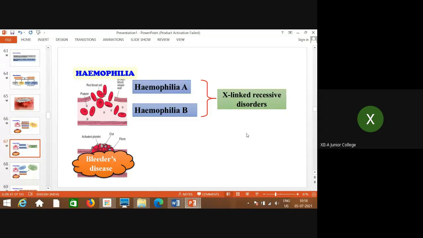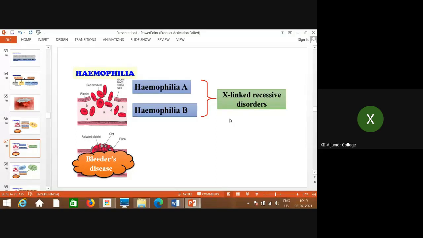Again, a similar type of example. Recessive means if this gene is in the recessive condition, then only it is expressed. If it is in the dominant condition, it is not expressed. And you know that in case of females, there are two X chromosomes, and that's why females are considered to be carriers, but they generally are not sufferers. Very rarely they are sufferers, only when both the alleles, both X chromosomes, are carrying the gene in the recessive form.